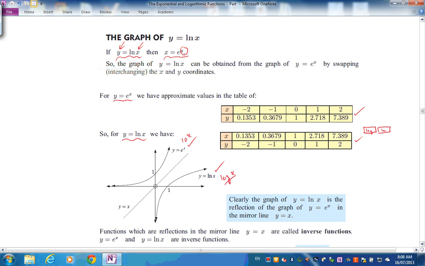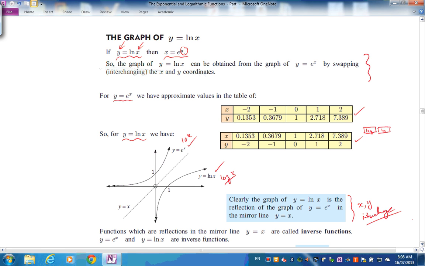So they are reflections of each other in the line y is equal to x. They're actually called inverse functions. One does the opposite to the other, if you like. We've interchanged x's and y's. When you reflect it in the line y is equal to x, you're interchanging x and y's in the function, as is mentioned up here.